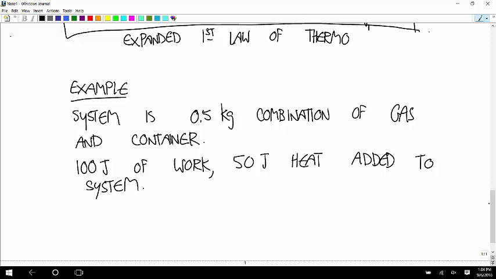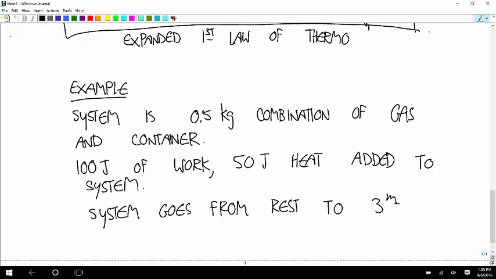As those are added, the system goes from rest to 3 meters per second and is lowered 2 meters.